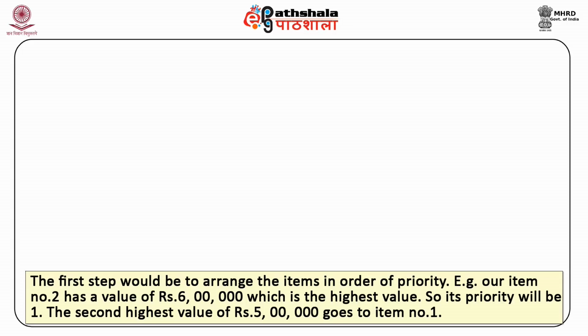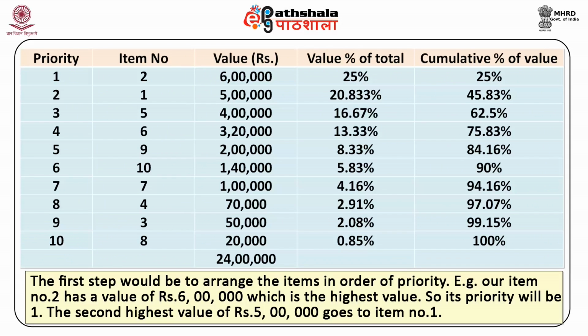So its priority will be 1. The second highest value of 5 lakhs goes to item number 1. Therefore, it gets the second priority and so on. Item 2, 1, 5 are classified as group A, comprising 62.5% in value, but the total items in number is 17%.